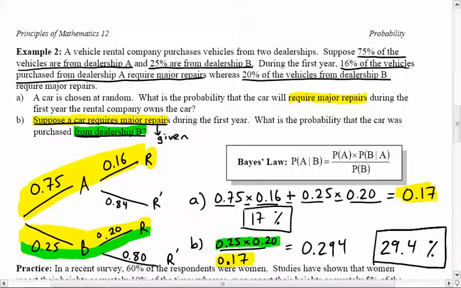It's pretty low because most of the cars come from A. Even though there's a higher breakdown rate at B, there's so few cars at B that there's not a very high chance that you would get a car from B in the first place. If they had the same breakdown rate at both places, then this answer would be 25%. Okay, but because B has a slightly higher breakdown rate, the answer is slightly higher than 25%.